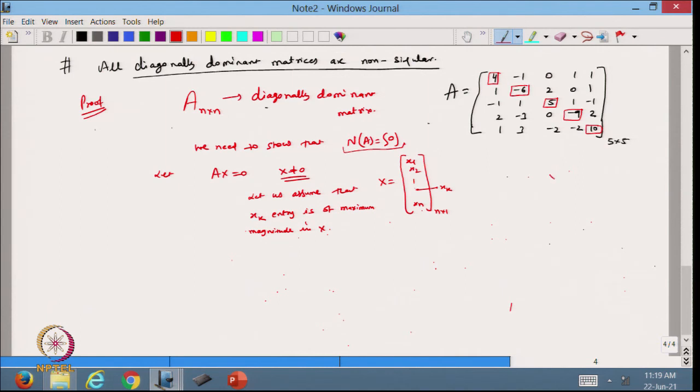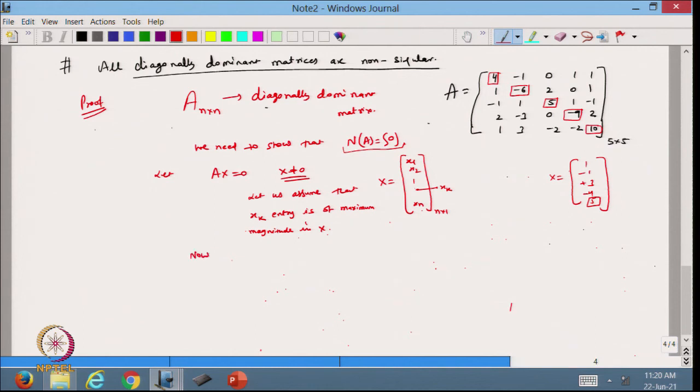So, suppose my x I take just as 1, minus 3, 4, 5, suppose I take this one minus 4, so in this case I will assume this value. So, that is my x k.